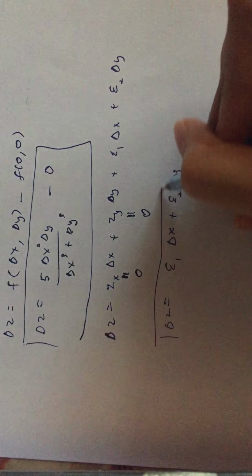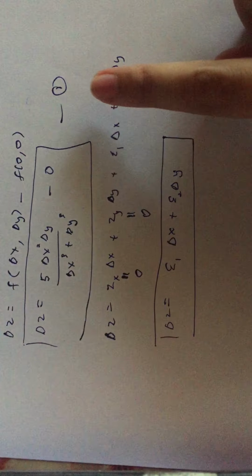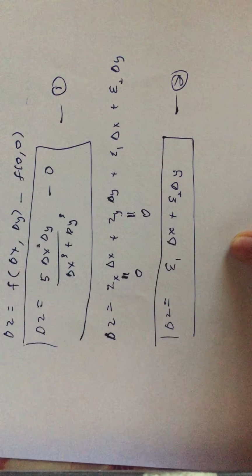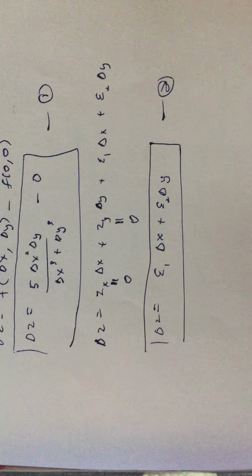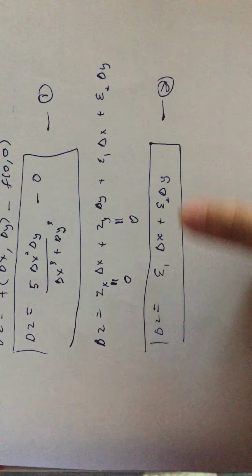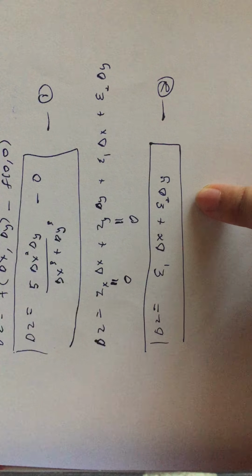So, kita ada another formula. So, this one is equation 1, this one is equation 2. Now, kita nak compare these two equation. So, sebenarnya, untuk compare these two equation, untuk dapatkan epsilon 1 dengan epsilon 2, actually ada dua case kat sini.